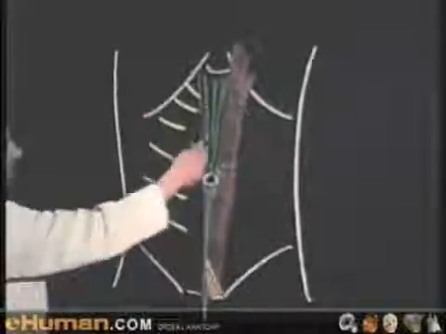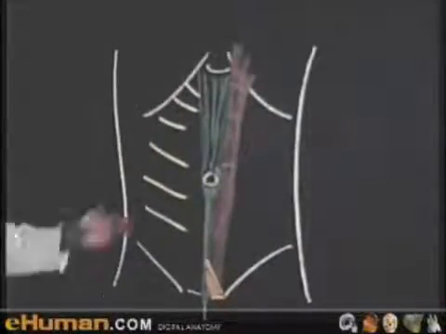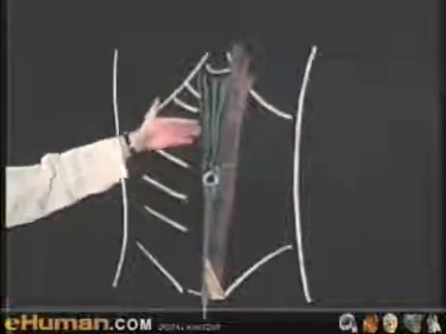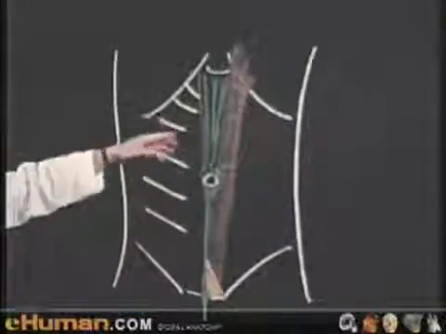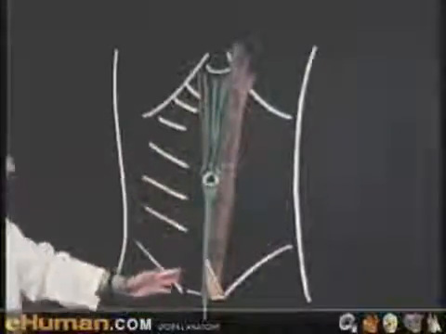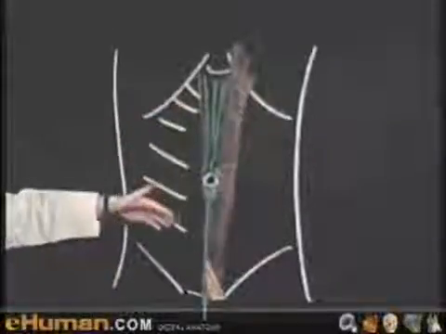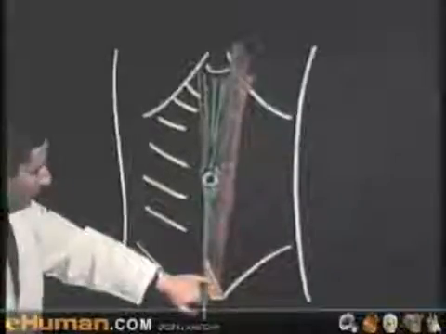Now, these nerves run between the layers of the muscles of the anterior abdominal wall, and when they reach the posterior wall of the rectus sheath, they pierce it and supply the rectus abdominis before coming through and becoming cutaneous. So the rectus abdominis is supplied by the lower 6 thoracic nerves, and the pyramidalis is supplied by the subcostal nerve.